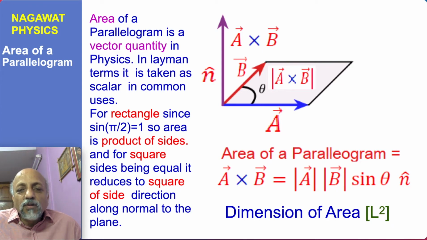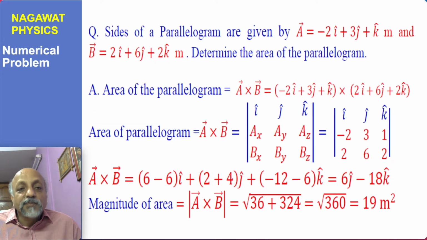You can also obtain the area of a square, because a square is a special case of a rectangle when two sides are equal, so the area of a square will be given by the square of the side, and that's why the name square has also been chosen. So the area of a square is side square, the area of a rectangle is the product of sides, and the area of a parallelogram is given by A cross B. It's an important learning from this vector algebra.